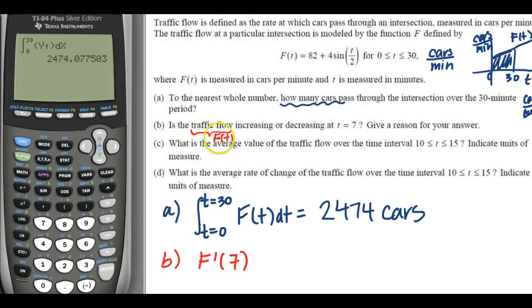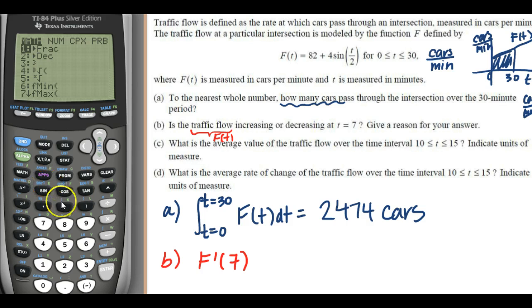So is the traffic flow, which was called the function f of t, increasing or decreasing at time 7? We're really asking ourselves, is the derivative positive or negative at time t equals 7? And because this is a graphing calculator problem again, we can do this on the calculator, and we've already stored the function big F as y1. So now we're doing a derivative, a numerical derivative.